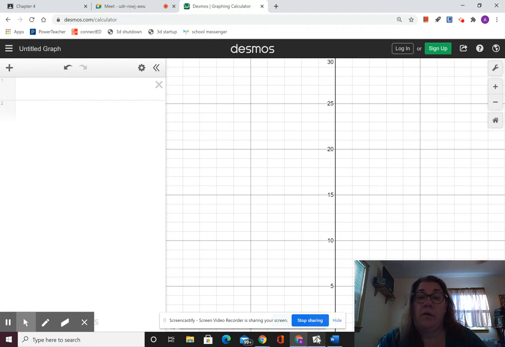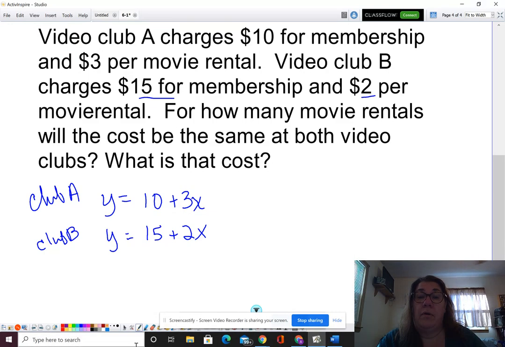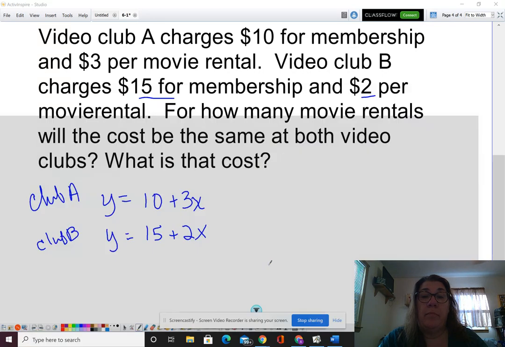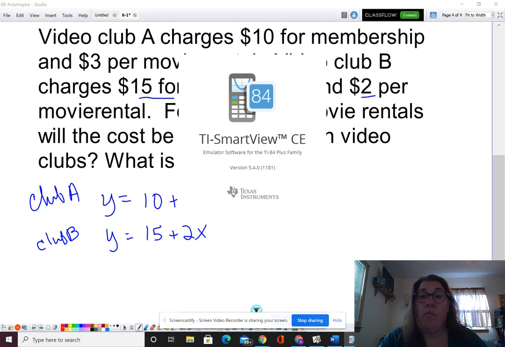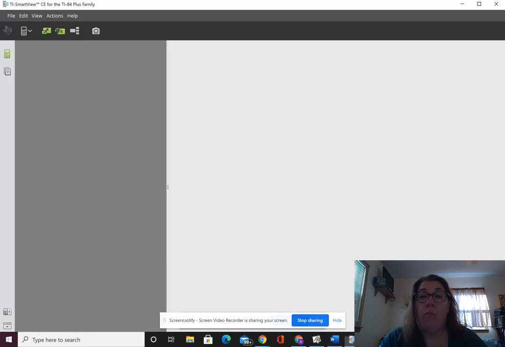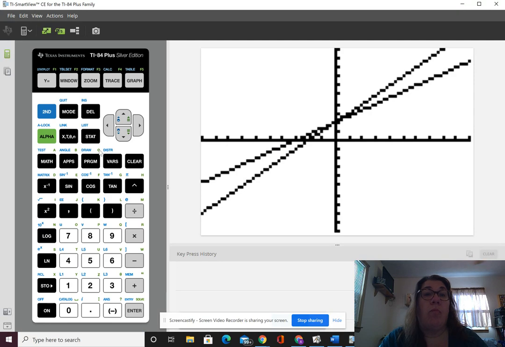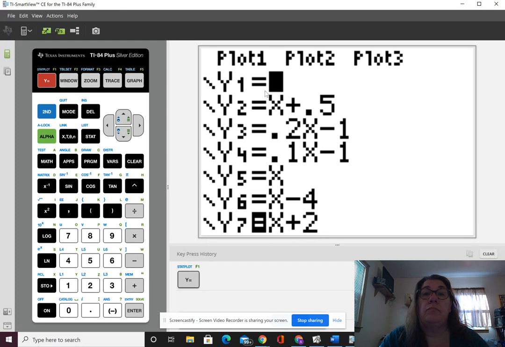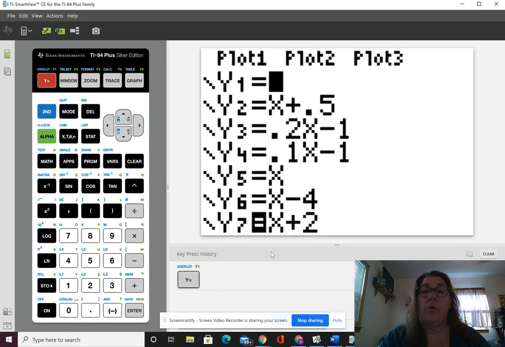And how would we do that on our calculator, what you just did to make it so we can see where it crosses? Let me pull up this. Just come down here and type.